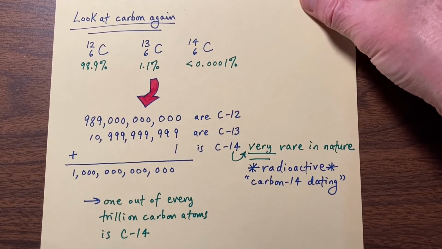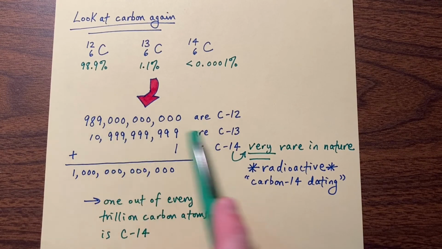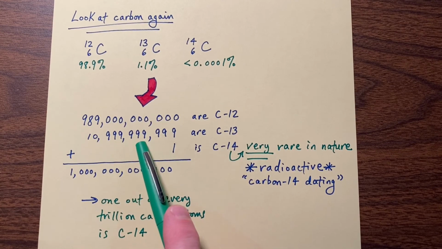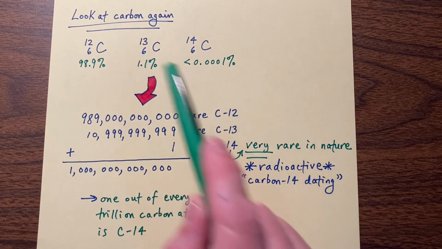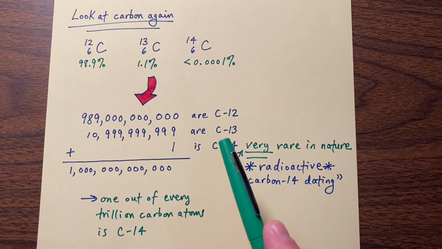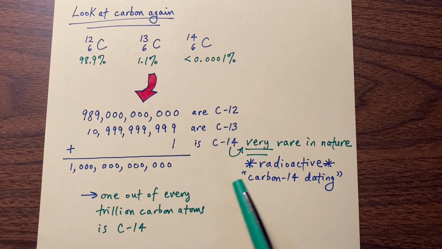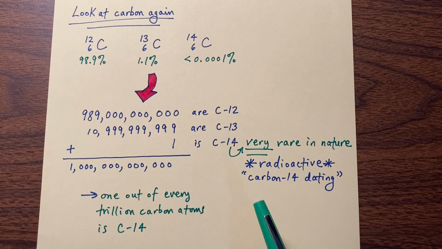Out of every trillion carbon atoms, 989 billion of them are carbon-12, based on that percent. 10,999,999,999 coming through the machine would be carbon-13, and out of every trillion atoms coming through the mass spectrometer, only one would be a carbon-14 atom. And so that is very rare. But remember, 1 out of a trillion is enough for our instruments to pick up its radioactivity, so we can actually do carbon-14 dating of fossils.